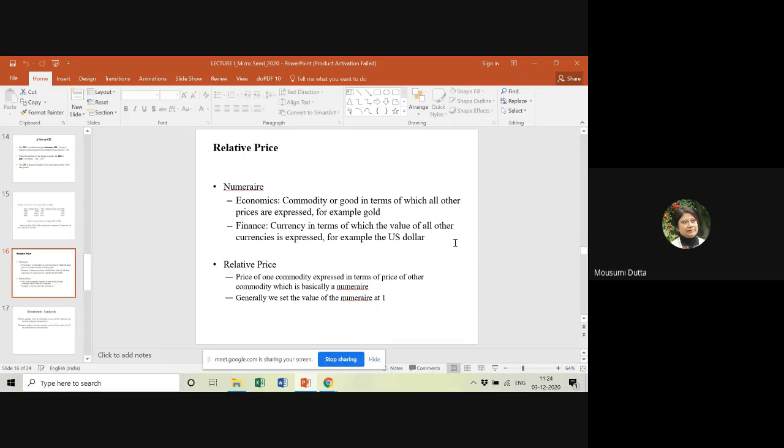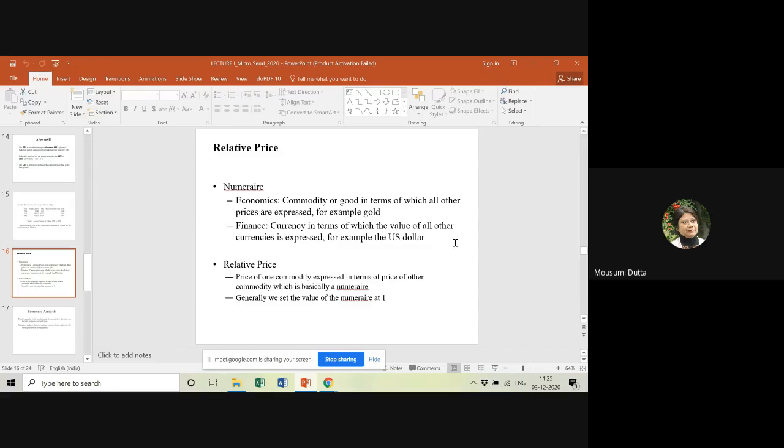For simplicity, we will set the numeraire at 1. So instead of considering Px by Py, we will consider Px by 1 so that we can talk about Px. So whenever in your entire lessons you get some Px, you have to understand it is not Px at all. It is a relative price of X where we are fixing the denominator at 1.